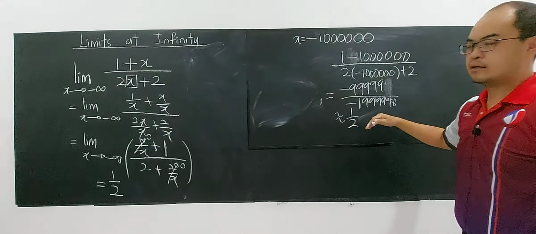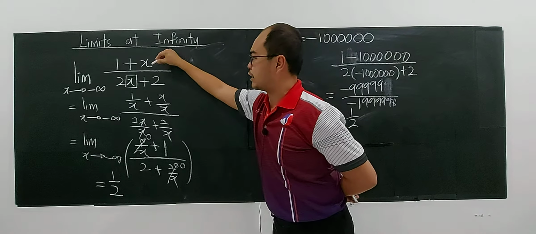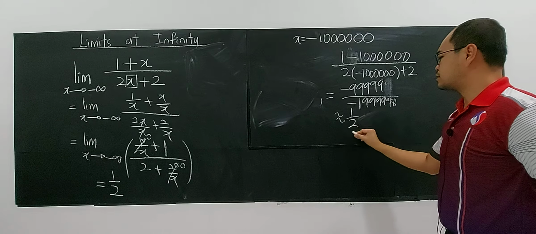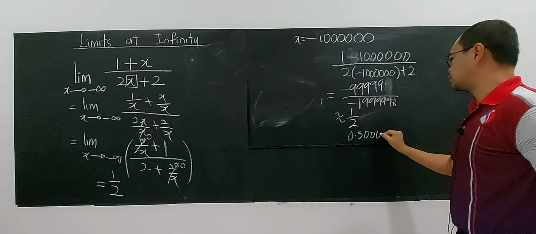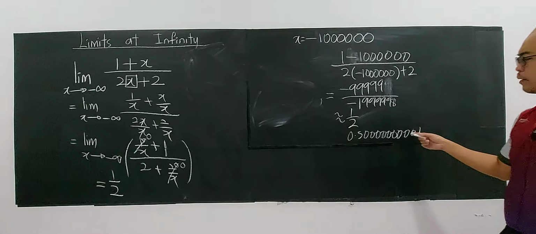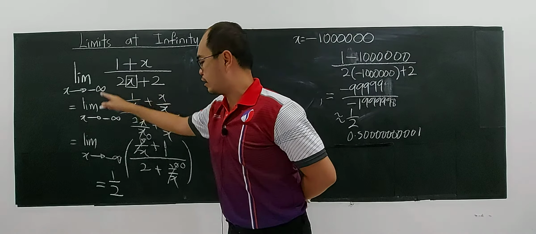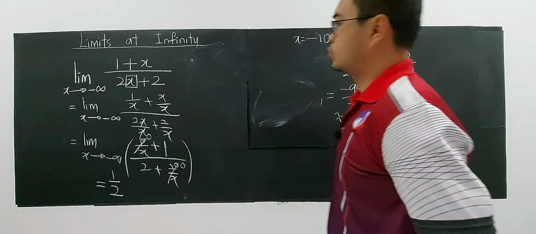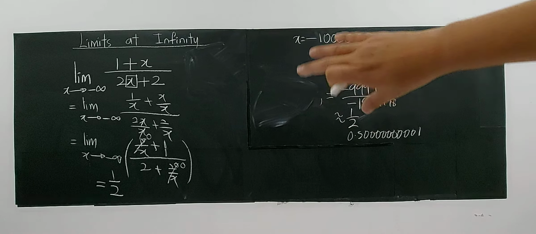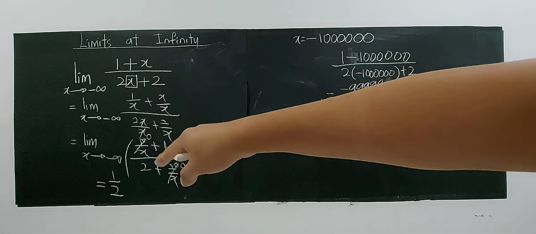When you choose a very big number and put it into this function, you will find that the value may be, for example, 0.5000005, but it's near 1/2. That's why the limit as x approaches negative infinity is 1/2. So this is the concept. If you want to evaluate, this is the technique.